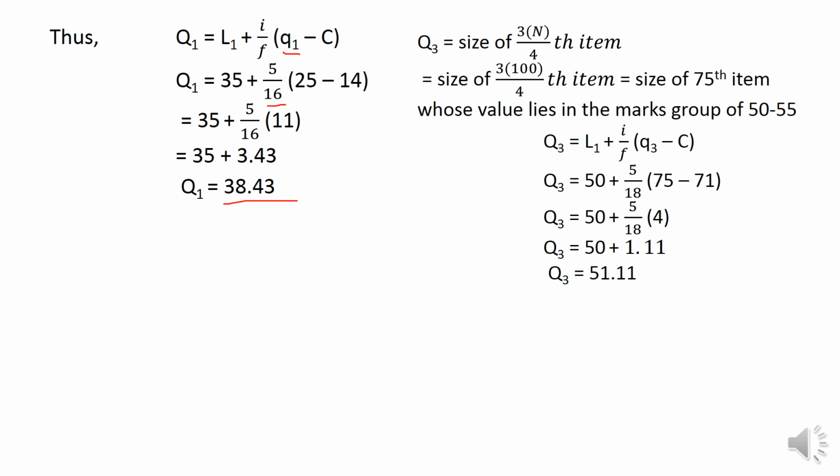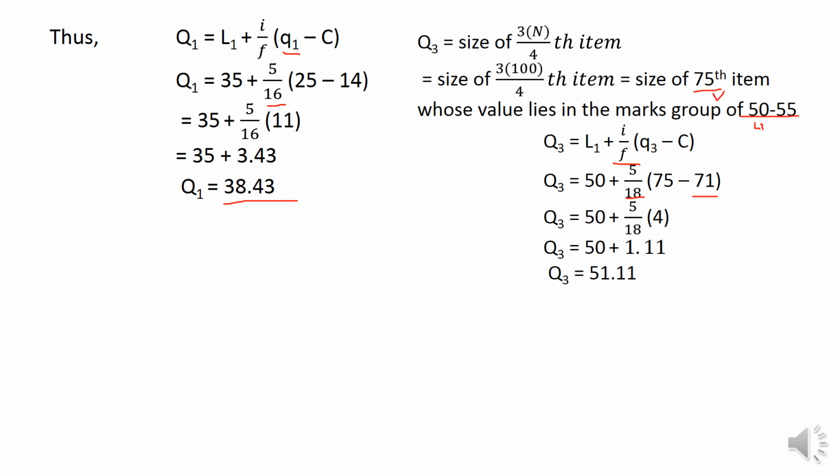In the same way we will calculate Q3. For Q3, 3N divided by 4: 3 multiplied by 100 will be equal to 300, and when we divide 300 by 4 we get the 75th item. And the 75th item lies in the class group of 50 to 55. So 50 will be L1, and the frequency of 50 to 55 is mentioned here, that is 18, and cumulative frequency is here 71, and Q3 that we are getting is this 75.